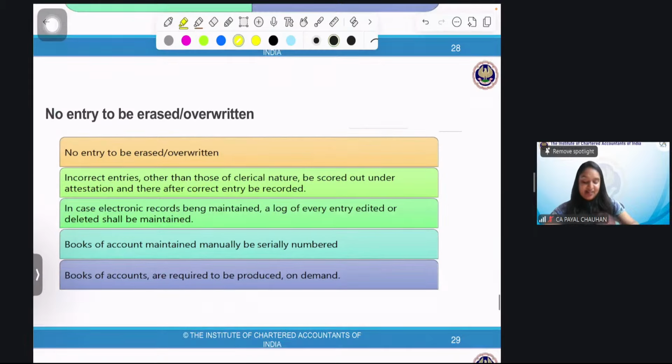Okay. Now, no entry is to be erased or overwritten. First of all, I'll ask you a question. Are the HSN codes common for all those codes, ma'am? Anil, it depends on how these people have used the codes. The codes are personal in nature, so we cannot comment on whether HSN is common or not. There might be A1 for pen and A2 for pencil.